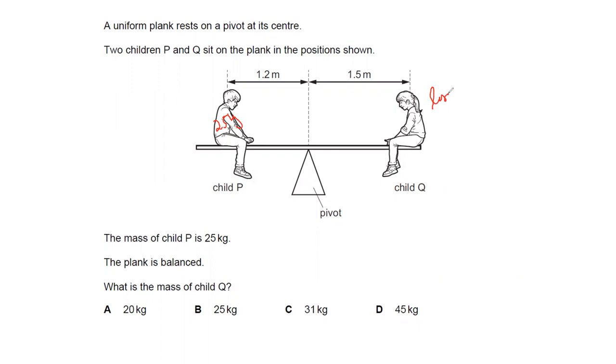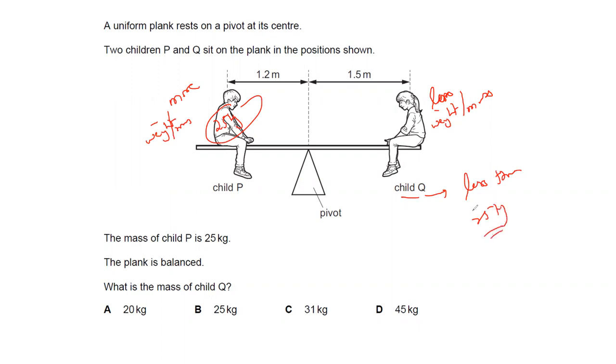It has less weight or less mass, and child P has more weight or mass. So if the mass of child P is 25, the mass of child Q should be less than 25. Which option is less than 25? It cannot be D, it cannot be C, it cannot be B. So it will be A.